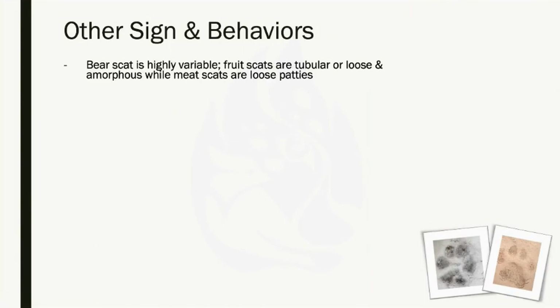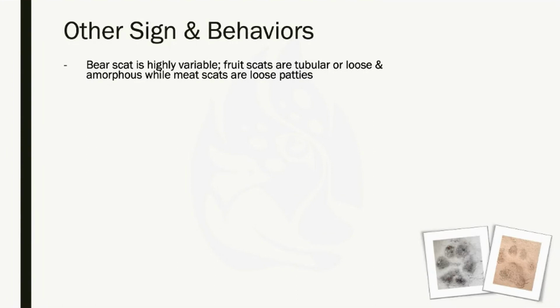Let's talk now just a little bit about other bear sign and their behaviors. So their scat, and I'm focusing almost exclusively now on black and brown bears because that's what most people are going to see. Unlike polar bears, they are omnivores and they'll eat all kinds of vegetable matter as well as meat. Okay.